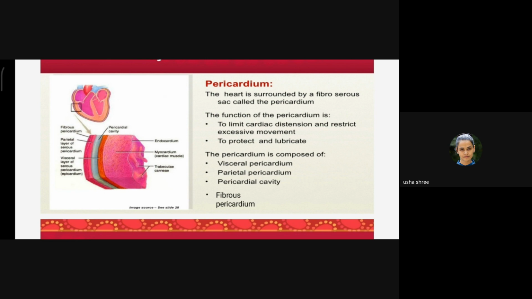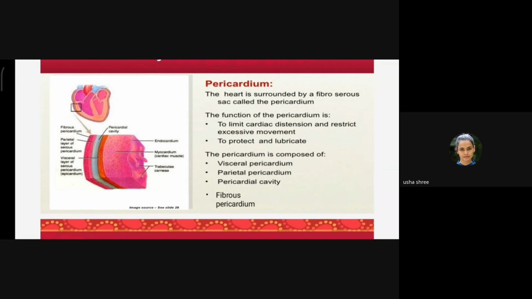So the pericardial cavity is not a layer, right? It is like a hollow space between two layers. Yeah, it is not a layer, but it comes under the pericardium only. Between which layers, ma'am?